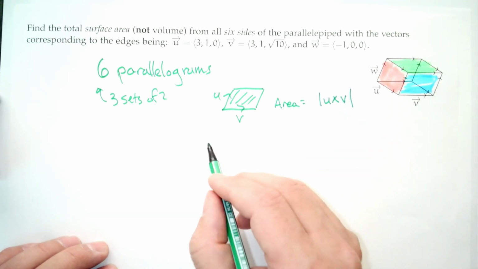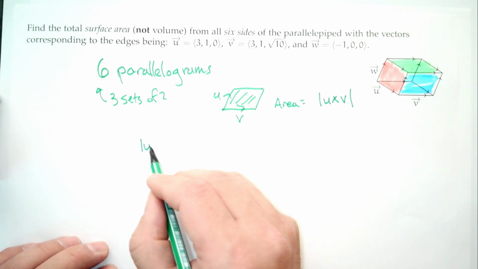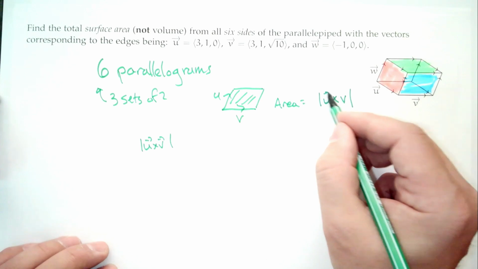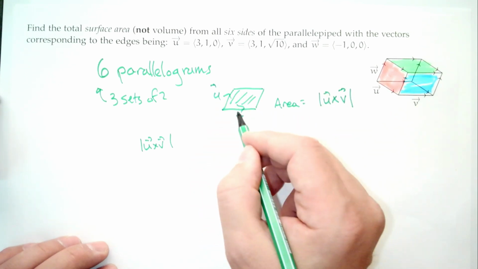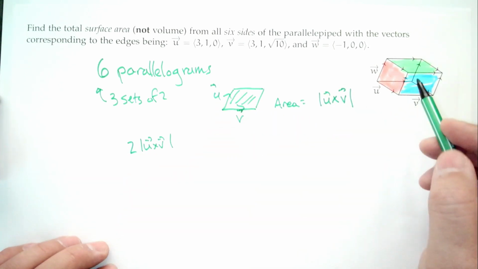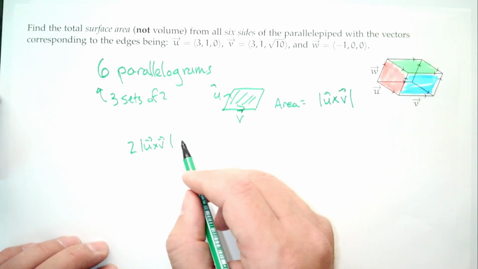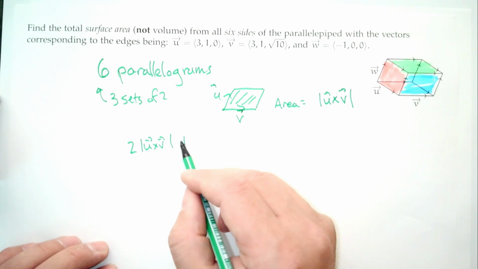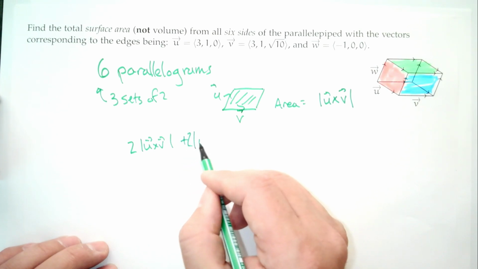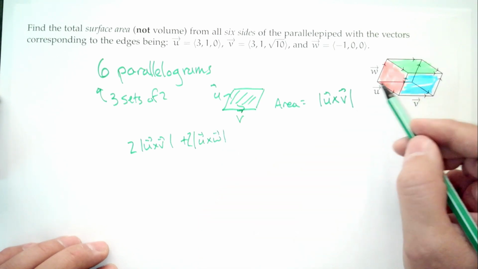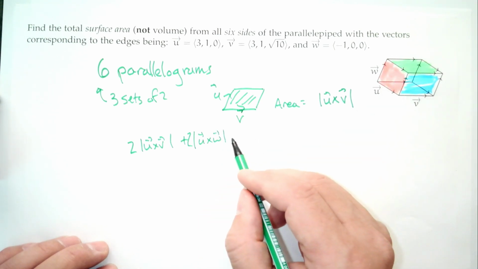So what are we going to do? Well, we're going to take u cross v. I guess I should add little arrows here. And then I'm going to double that because there will be 2 sides that have area u cross v, and take that magnitude. Plus, I'm going to take 2 times magnitude of u cross w. That finds the 2 sides which have u and w as the sides.